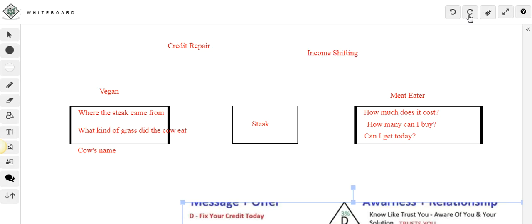Now, the other area is income shifting. Income shifting is when you basically adjust your W-4 at your 9-to-5 job to keep more money in your paycheck. Even the IRS will acknowledge that most people, I think it's about 80%, fill out their tax documents at their job incorrectly.